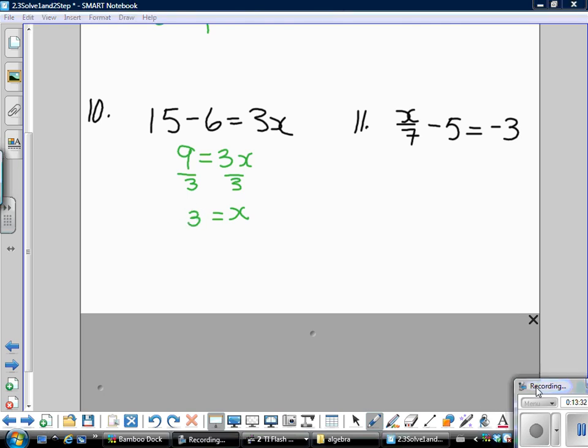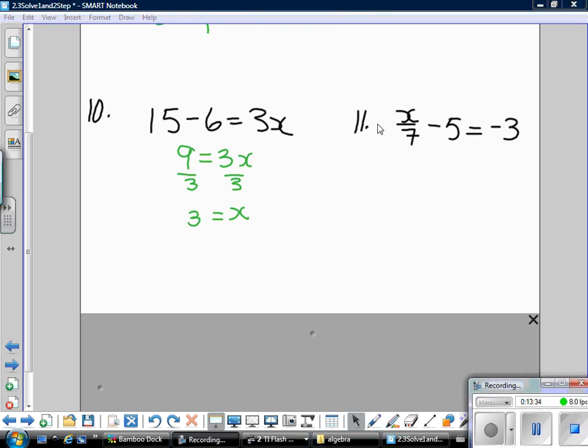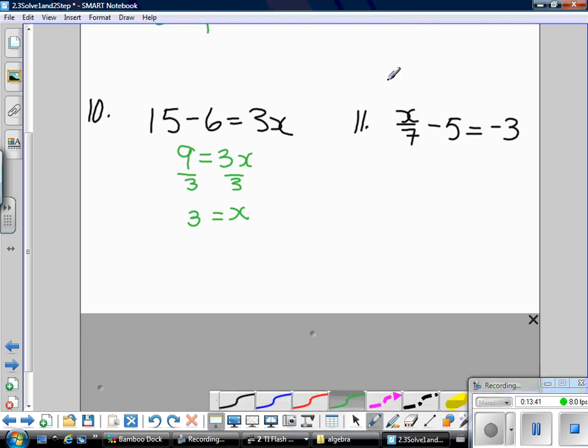The next one looks scary, but it's not. Two terms. Those terms either go together or one of them needs to get to the other side. Well, obviously x over 7 doesn't belong with the negative 5, so the first step I'm going to do is I'm going to add 5 to both sides.